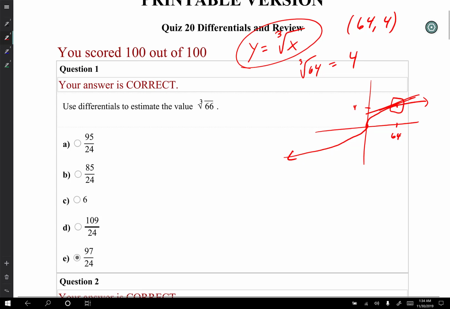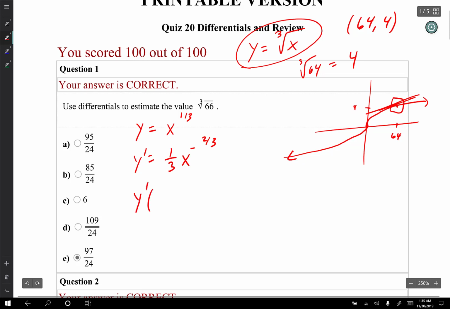All right, so here we go. y equals x to the 1/3, so y prime equals 1/3 x to the negative 2/3. I want my derivative evaluated at 64, because that's where I want my tangent line. So I'm going to write 1 over 3 times the cube root of 64, squared.